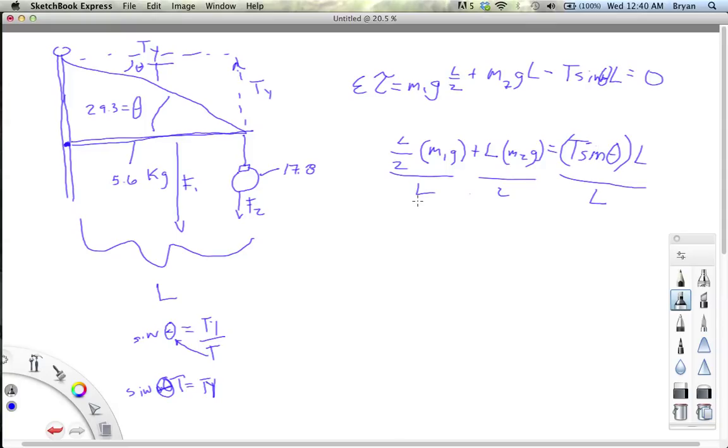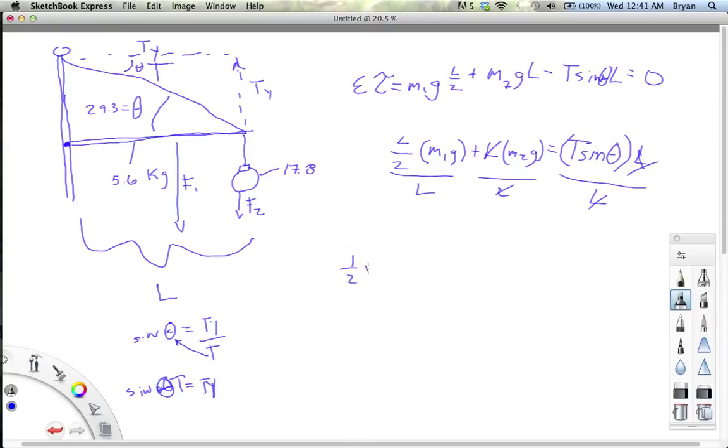And what you get in the end, these L's cancel. And then remember, L over 2 divided by L is essentially 1 over L. Multiply, L's cancel, you get 1/2. Fun little trick, eh?